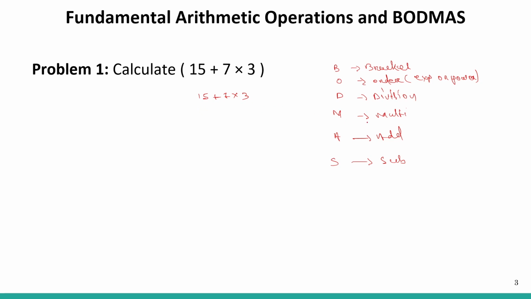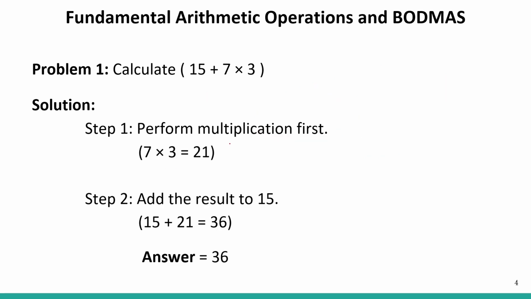Next we search for a multiplication symbol, and there is one, so we multiply these two numbers first. 7 into 3 is 21. Then we go for addition, and there is one, so it is equal to 36, and there is no subtraction involved. So this is the final answer. Multiplication first, then we added and got the result 36.